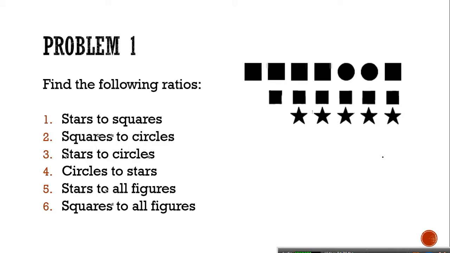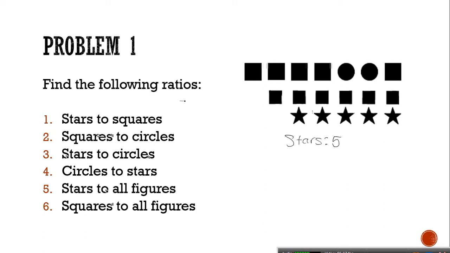So here's the first example. We need to find the following ratios. I notice I have squares, and I have some circles here, and I have a few stars. They want us to find stars to squares. I'm going to count how many stars I got: 1, 2, 3, 4, 5. So I got 5 stars.